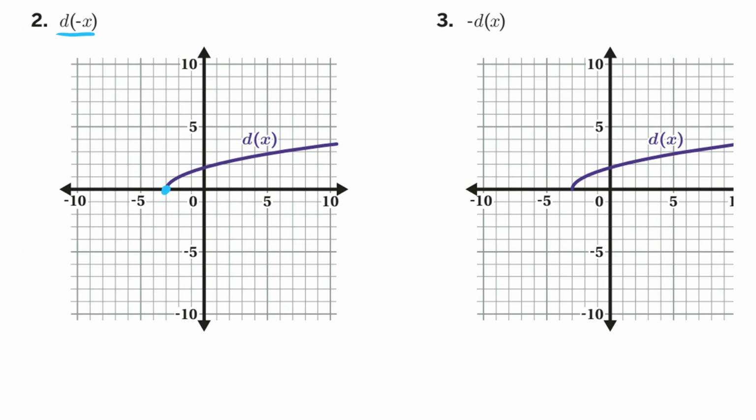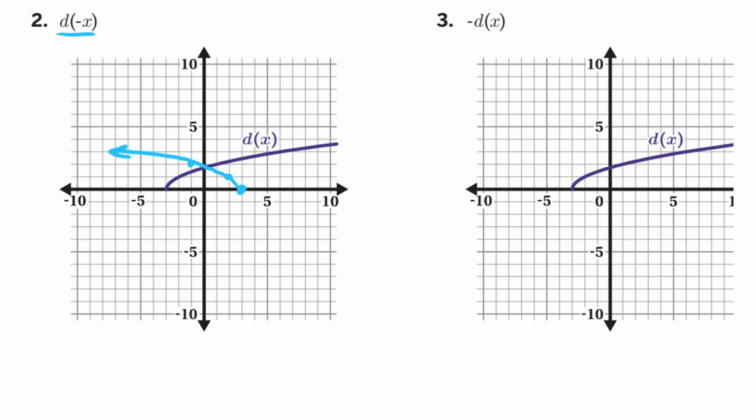This first point here that I just highlighted in blue, that's -3. If I multiply that by -1, it becomes +3. If I take this point and multiply that by -1, we get +2. As we go through and take these points, we see that there is a reflection over the y-axis on this one.